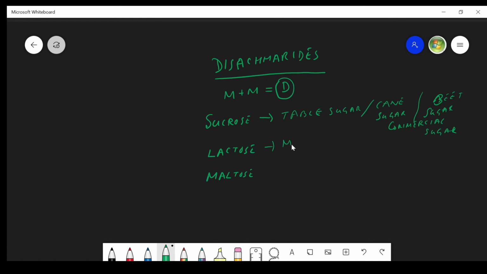Lactose is known as milk sugar, and maltose is known as malt sugar.